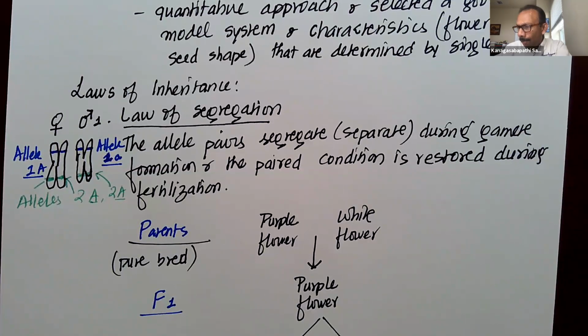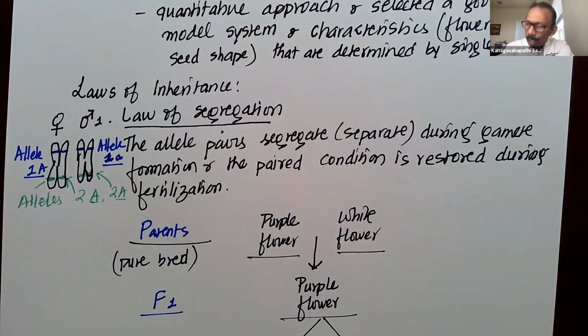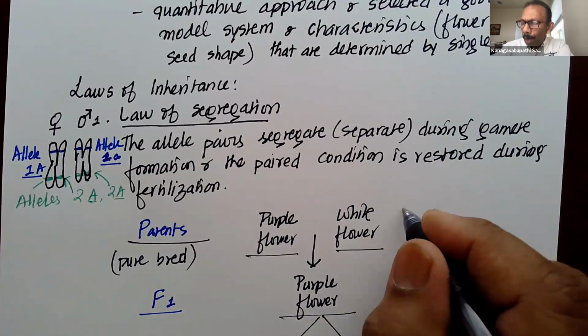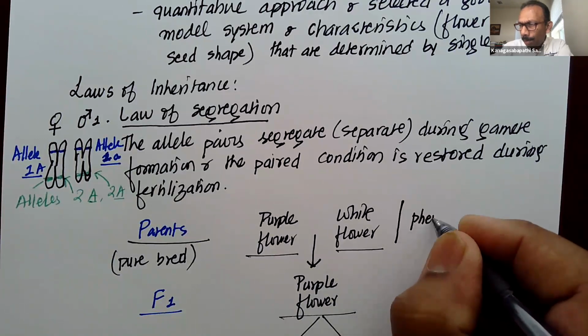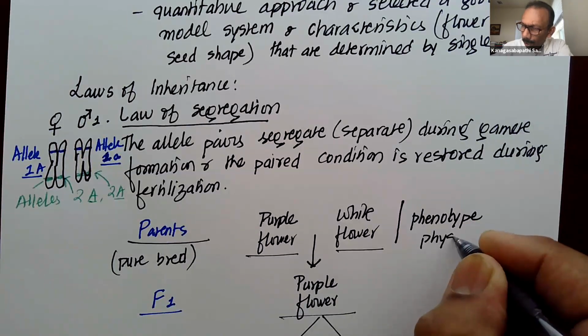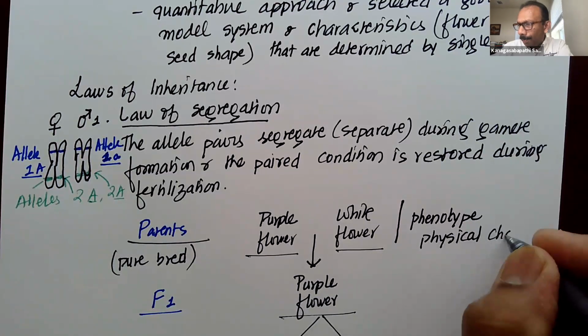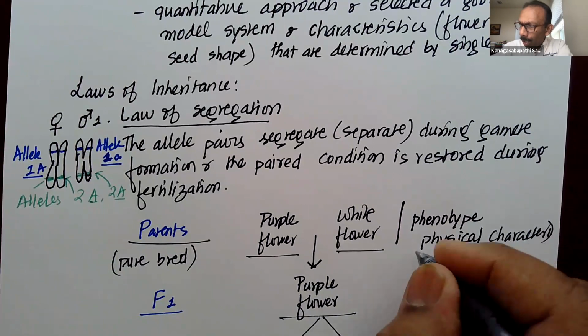Okay, so this is a rough ratio, and so he tried to explain the way that you're able to get these by giving some notations for the genetic makeup. Okay, so the purple or white color flowers, these are called phenotypes, the physical trait or physical characteristic.